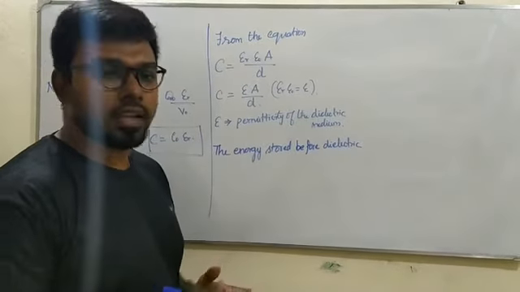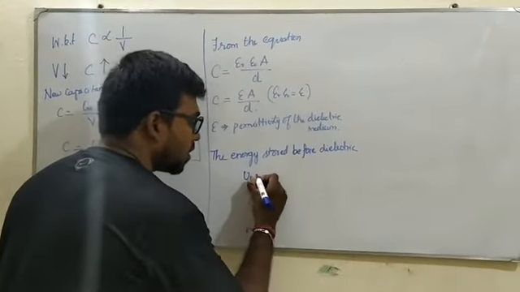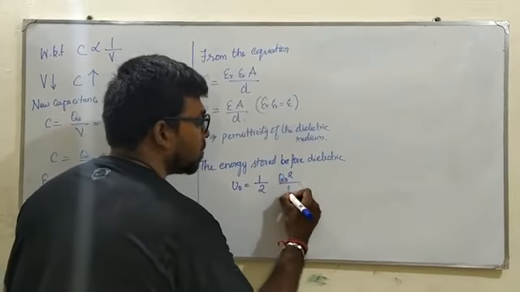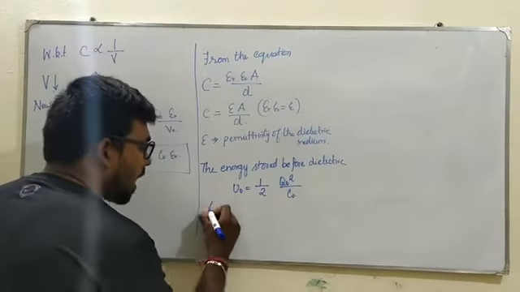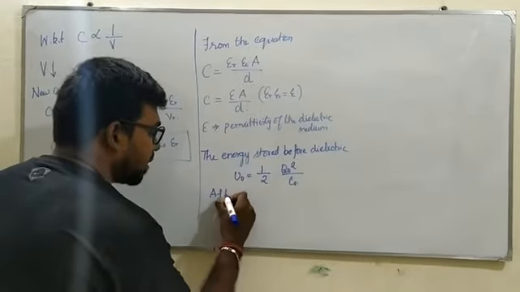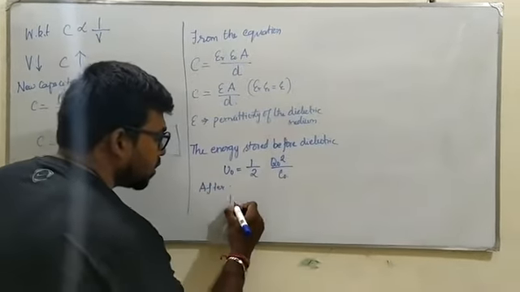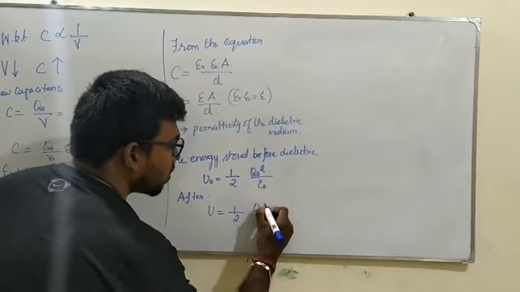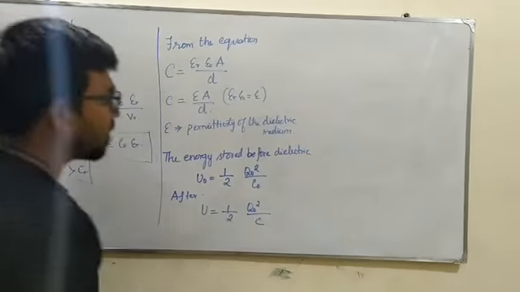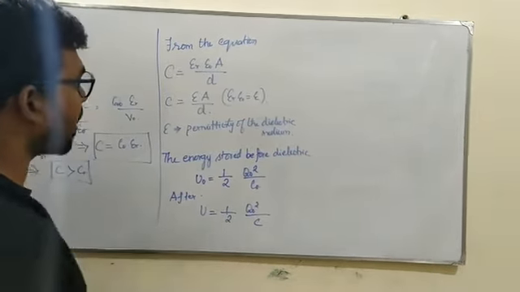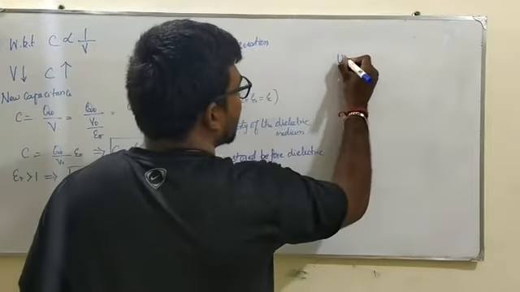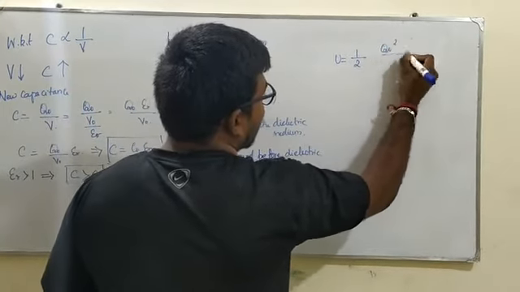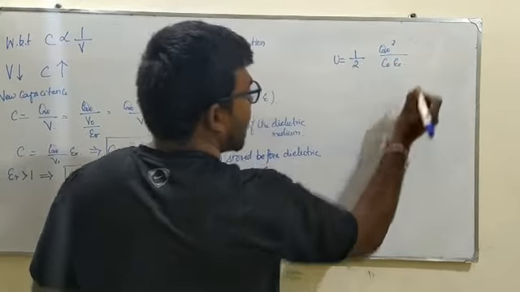Before the dielectric medium, the energy can be written as U naught equal to 1 by 2 Q naught square by C naught. After introducing the dielectric medium, it becomes U equal to 1 by 2 Q naught square by C, and we know that C equals C naught into epsilon r.